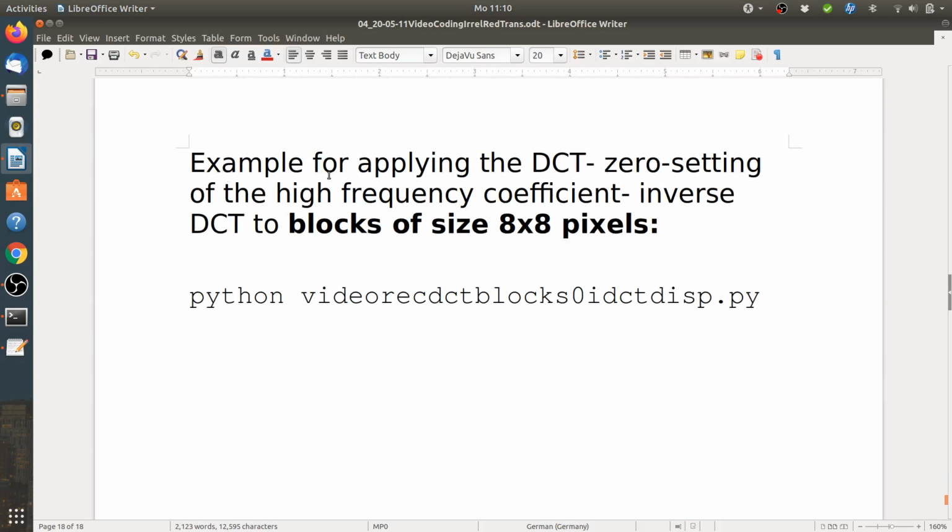An example for applying the DCT, setting the high frequency coefficients to 0, and applying inverse DCTs to blocks of size 8 by 8 pixels is this. Here I'm applying the DCT not just to the entire image, but first subdividing our image into 8 by 8 pixel blocks.